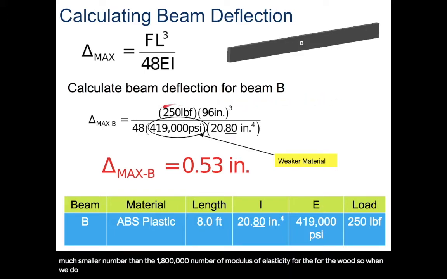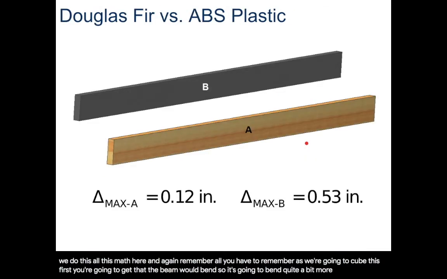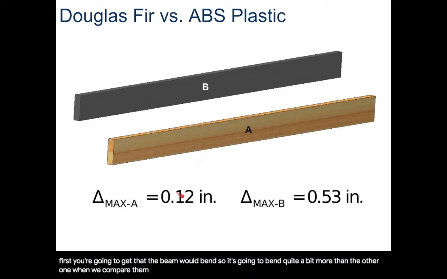When we do all this math here, and again, remember, all you have to remember is we're going to cube this first. You're going to get that the beam would bend 0.53 inches. So it's going to bend quite a bit more than the other one. When we compare them, this one here bent 0.12 inches, and the plastic one bent 0.53 inches.